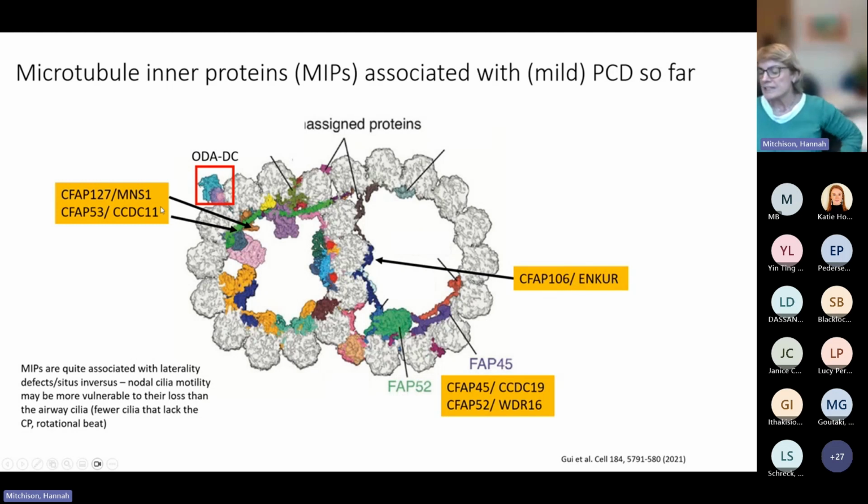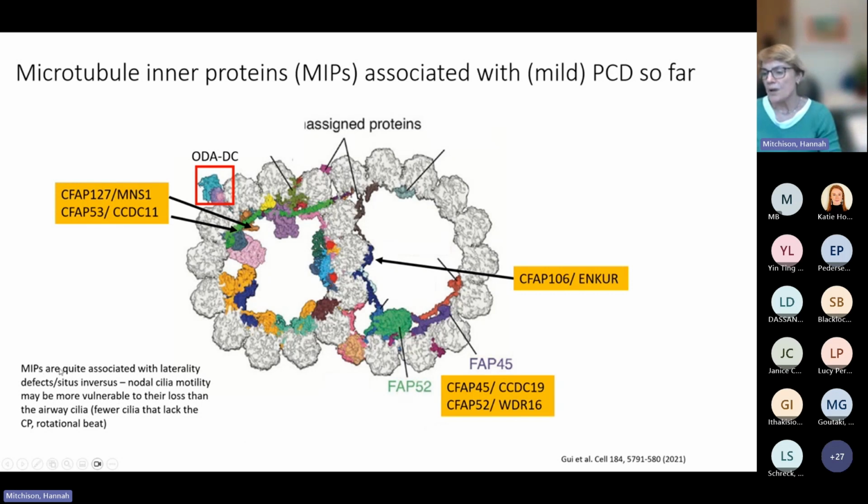And I've just listed here MNS1, CCDC11, CCDC19, WDR16, and NME7. So these are the 5 that we know about that have been associated to some degree with either PCD or airway symptoms, even if we can't define a really concrete EM defect and get all the precise diagnosis for what we want for PCD sorted out.